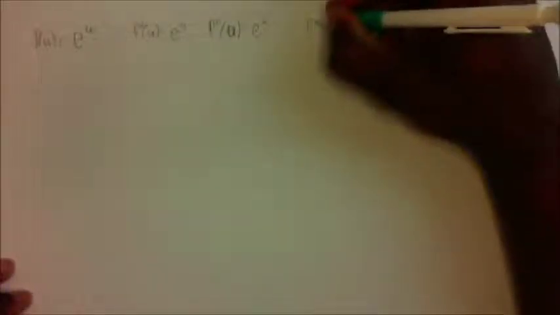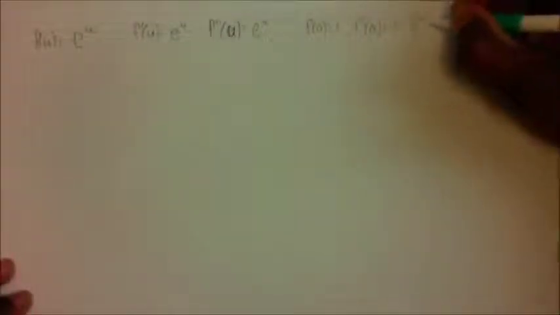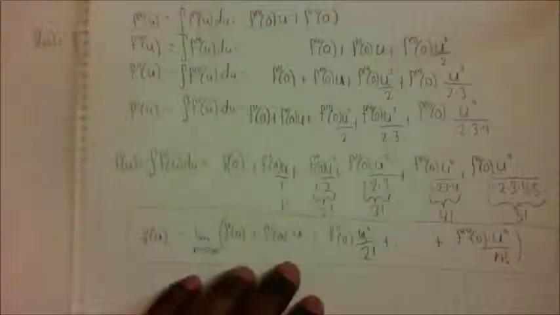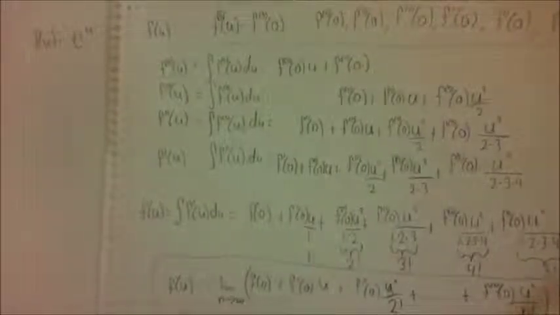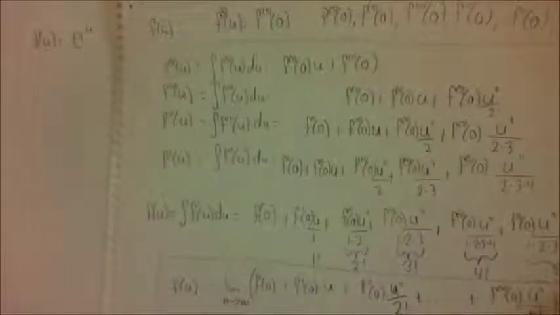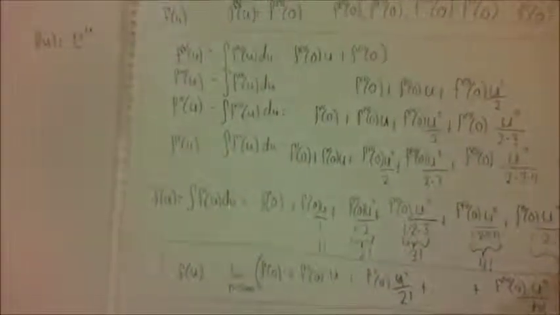So now, if we take the point where u equals 0, then we know that f of 0 equals 1, f prime 0 equals 1, f double prime 0 equals 1, etc. So now using this formula that we just derived, we're going to find the formula for representing e to the u as a polynomial.